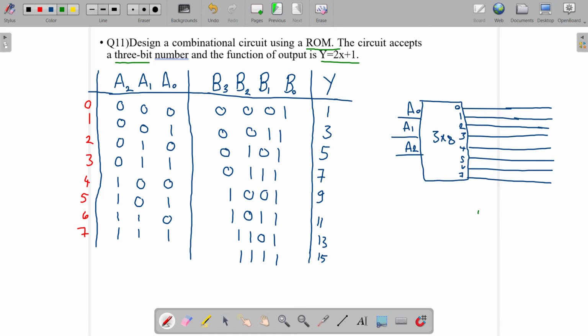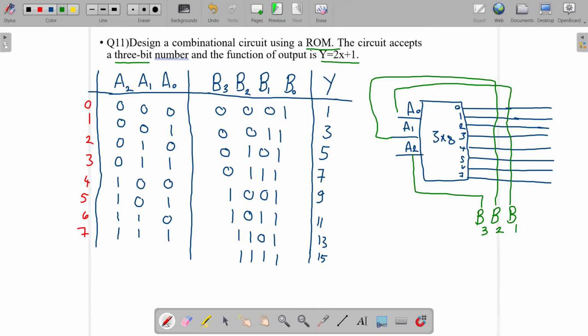It means that I can say that with connecting B3 to the A2, connecting the B2 to the A1, and connecting B1 to the A0, just using one OR for the B0, and everywhere we have 1, we have to put a cross point in this form that you can see.